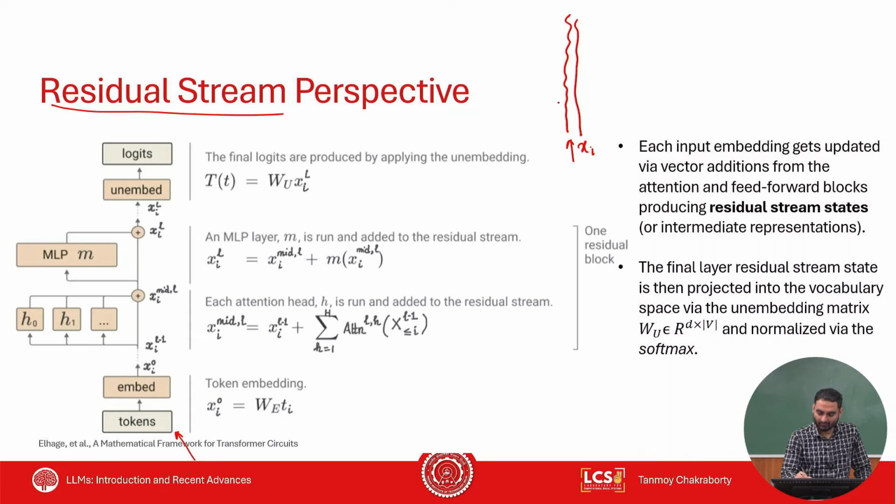At every layer you essentially add something to this stream. And what are the things that we are adding? We are adding the attention score, and we are adding the feed forward network score, the MLP score. And if you have multiple heads in the attention, you will essentially add multiple things to the stream.